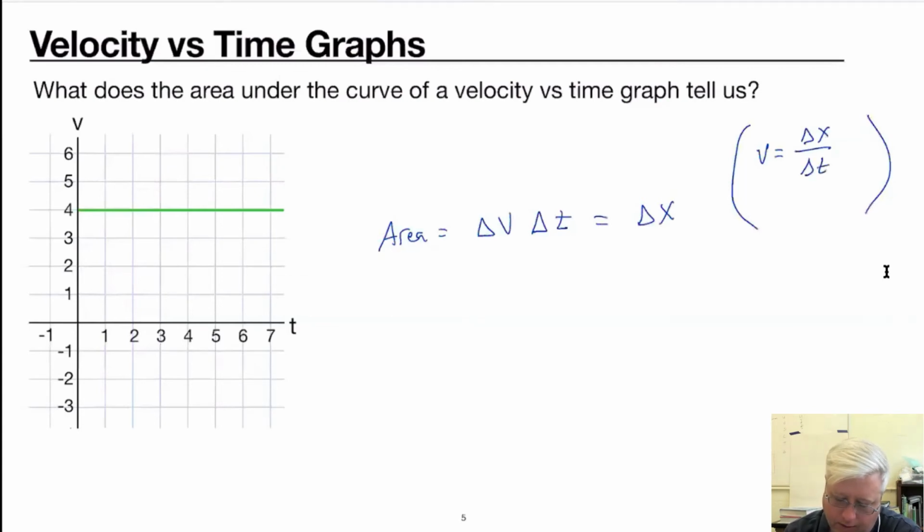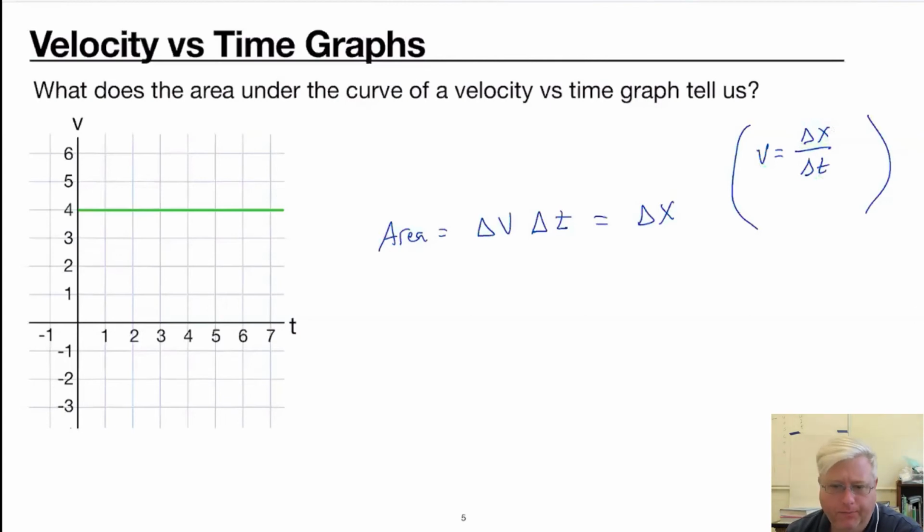If we just put that delta t over there, delta v delta t is delta x. So it's a useful thing to know, and it will also help us to model constant acceleration.